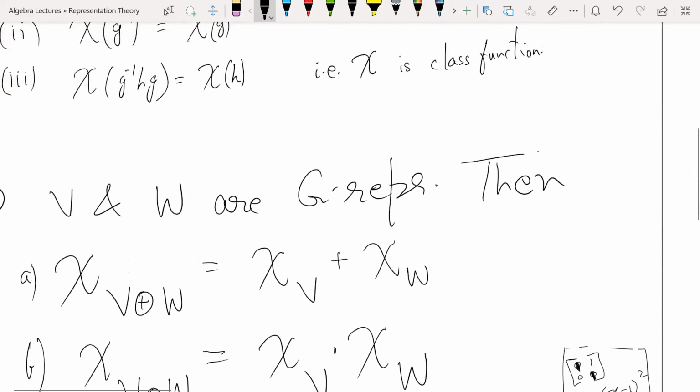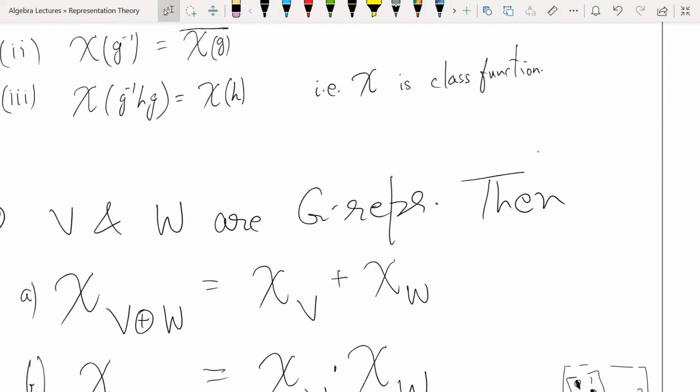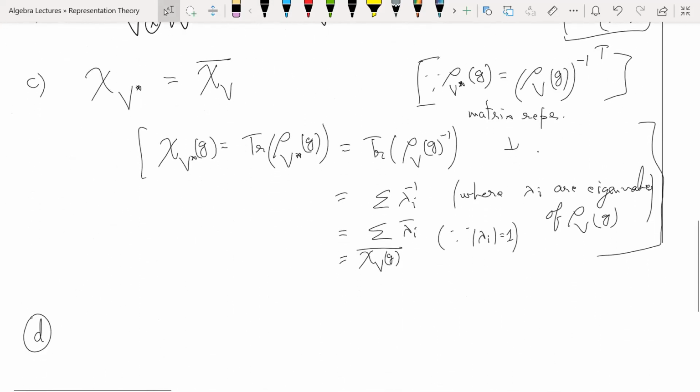We have tensor product, dual, and then there is Hom. So we can also ask what is the character of Hom(V,W)? Because this is also a representation we saw. So what will be the character of this?